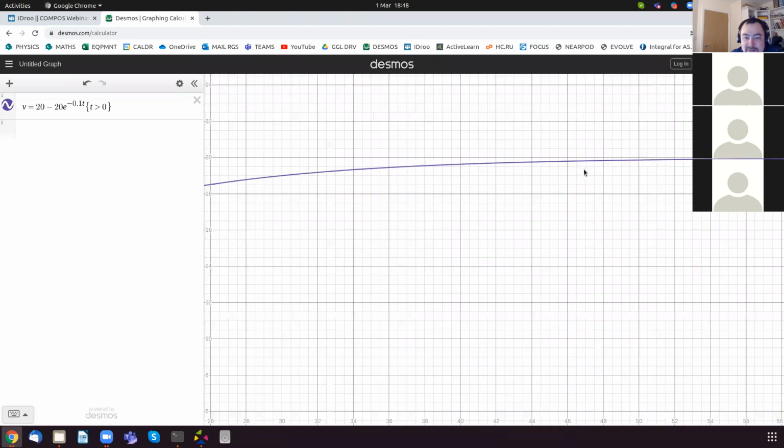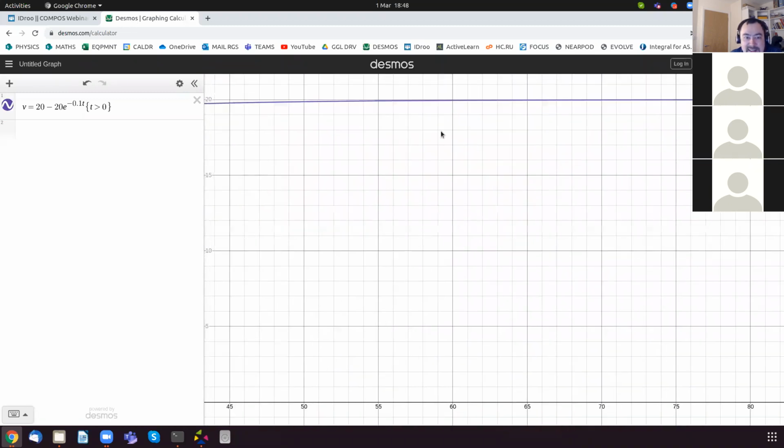But let's say after 60 seconds, the speed is going to be 19.95. Is it practical to say that it's 19.95, or is it more practical to say it's 20?